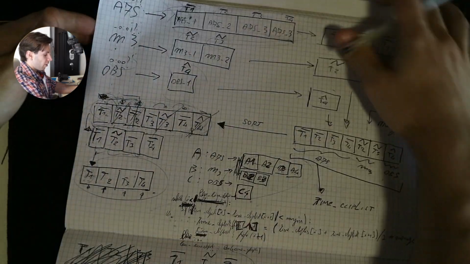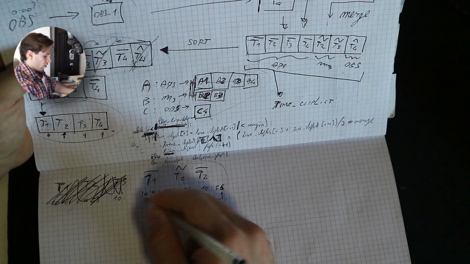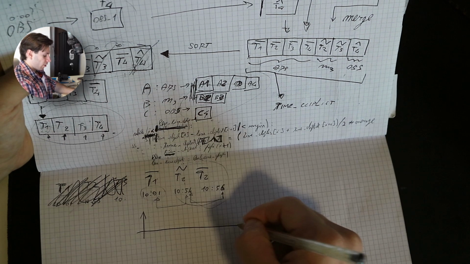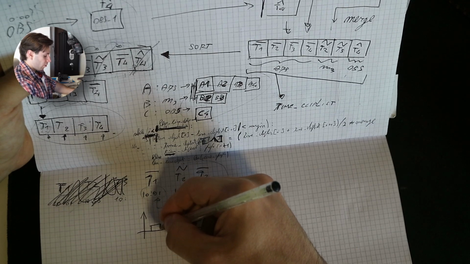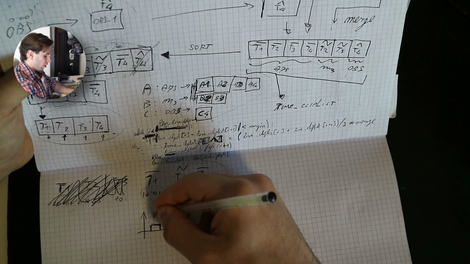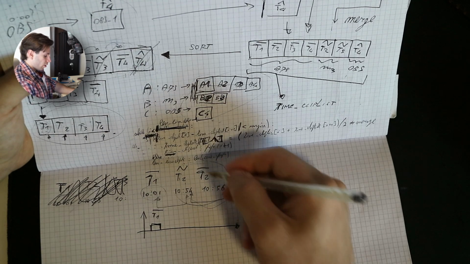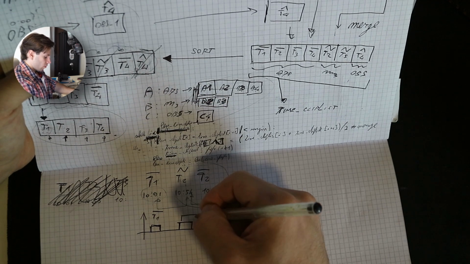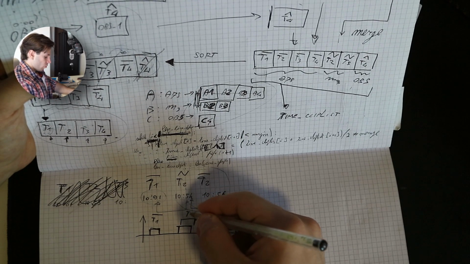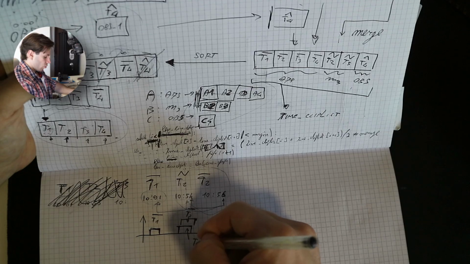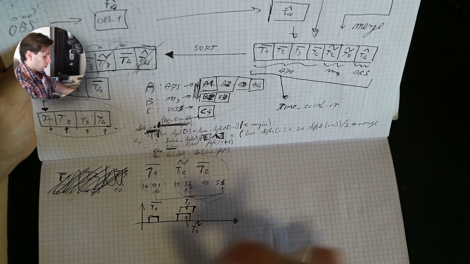And I'm having a certain margin. If this one in a time graph is somehow like this, T1, and this is T2, and this is T2, and this is T2 with a little symbol on top of it.